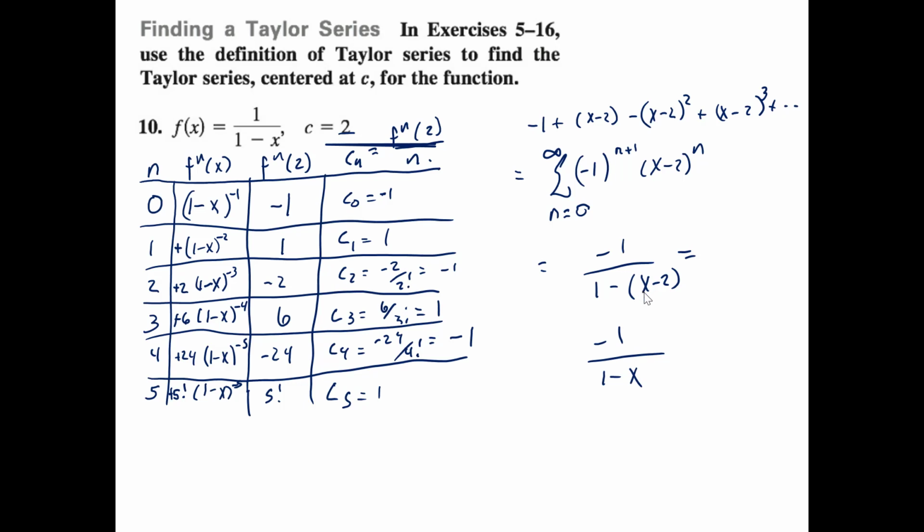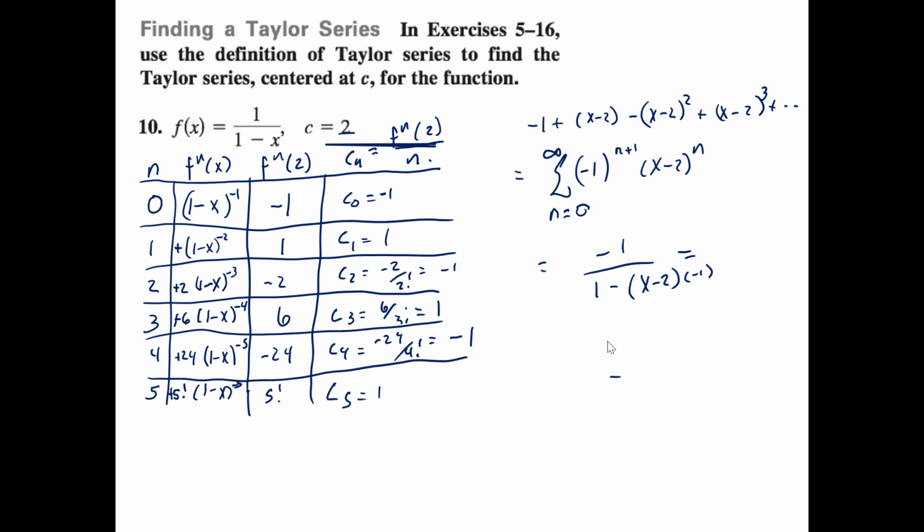Oh, I'm sorry, I made a mistake here. The common ratio is not x minus 2. The common ratio is negative 1 times x minus 2. And so then, let me go ahead and get rid of this.